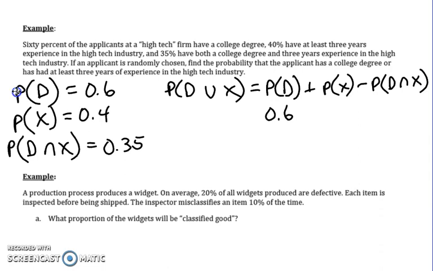So 0.6 plus 0.4 minus 0.35 makes the probability that they have a degree or experience 0.65. Again, anytime you get a question about or, you're going to refer to your addition rule.